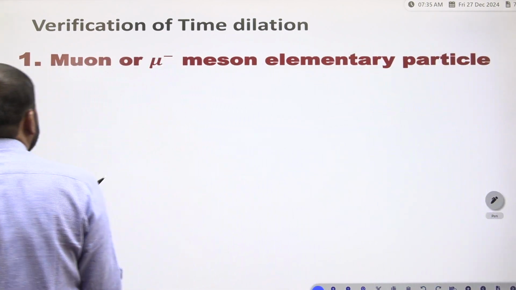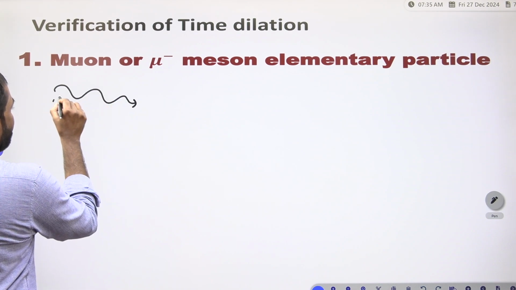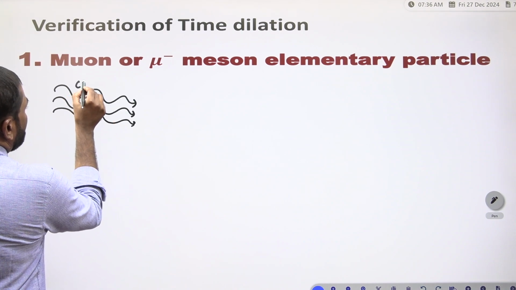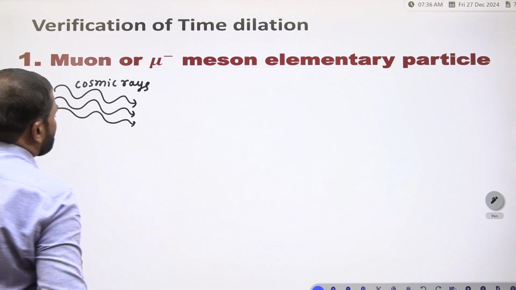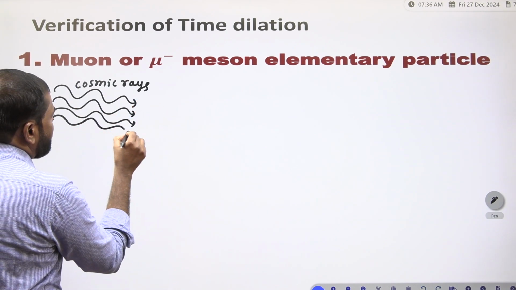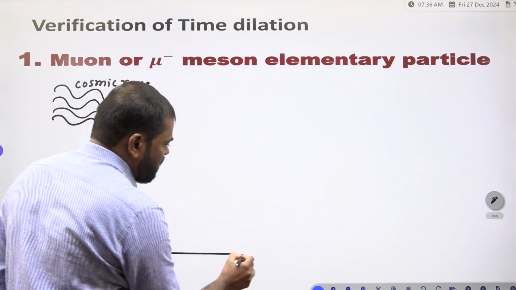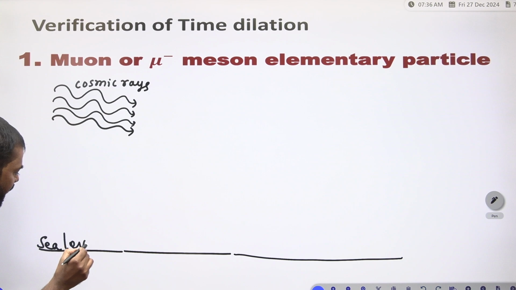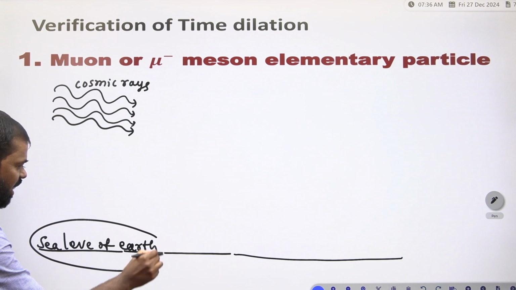First, in the universe there are cosmic rays. Cosmic rays consist of muons. There is a cloud of cosmic rays existing in the universe, right? So first take this as the earth, and consider the sea level of the earth.